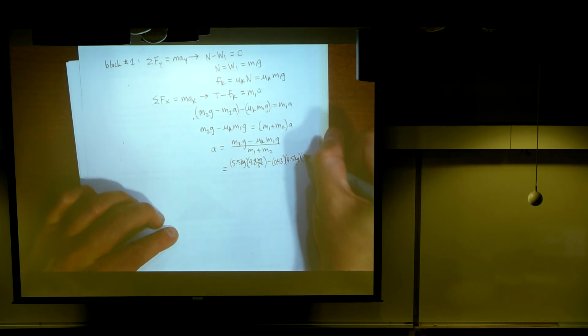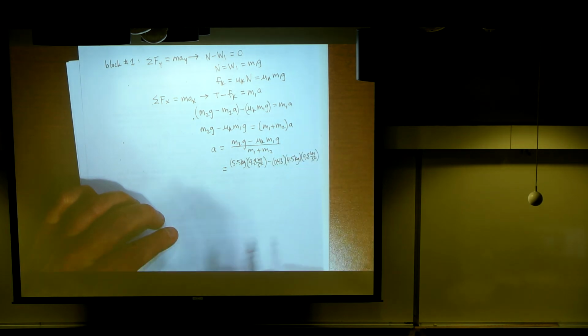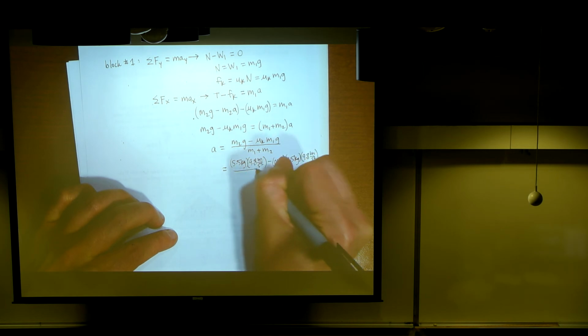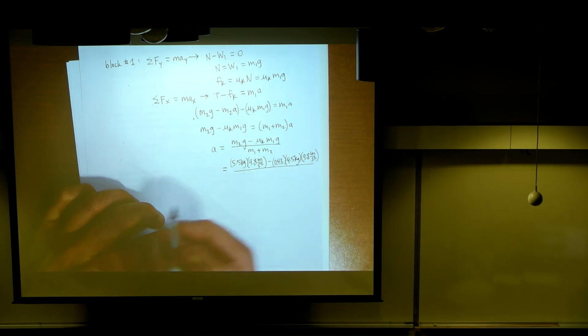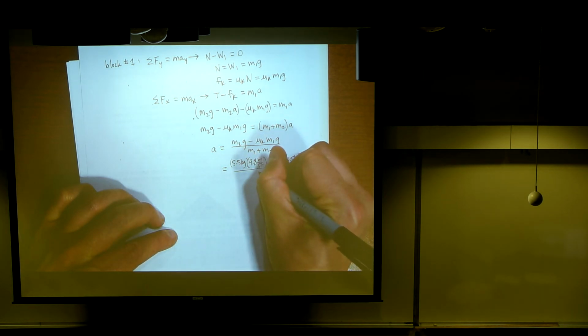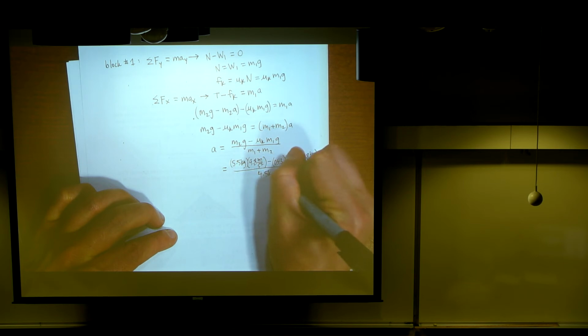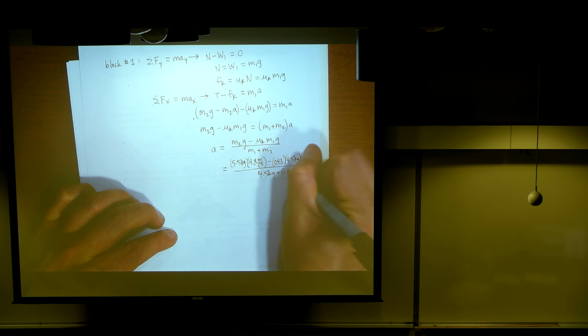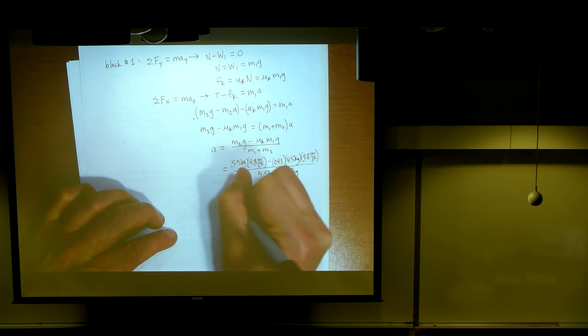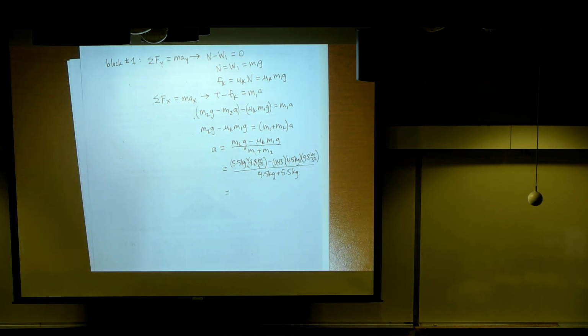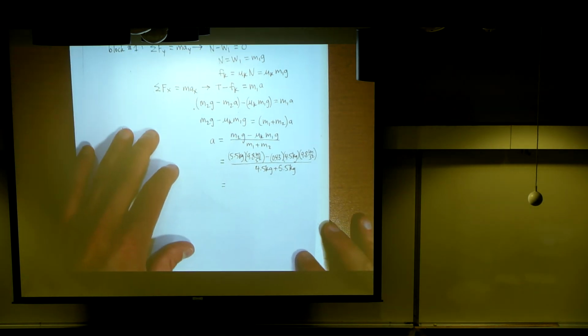And G is 9.8 meters per second squared, right there. All right, then we'll divide by the sum of the two masses, M1 plus M2, so that's going to be 4.5 kilograms plus 5.5 kilograms. Can someone crunch those numbers and tell me what it comes out to?